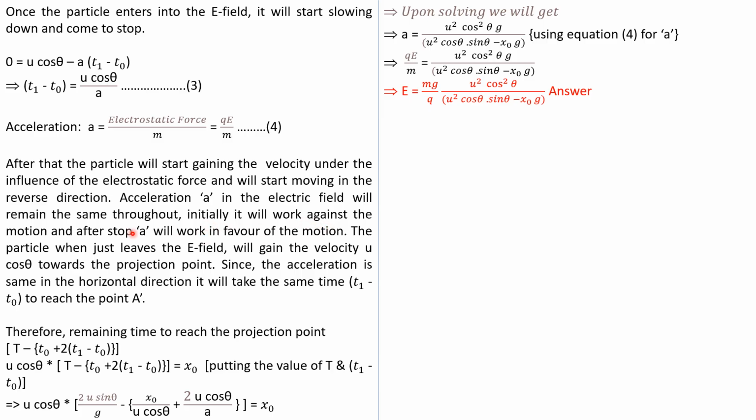Initially, it will work against the motion, and after the stop, A will work in favor of the motion. Means when the particle starts moving in the direction of the force, the acceleration will favor it. The particle, when it just leaves the E field, will gain the velocity u cos theta towards the projection point.